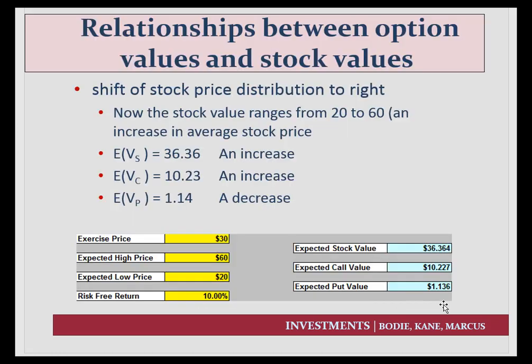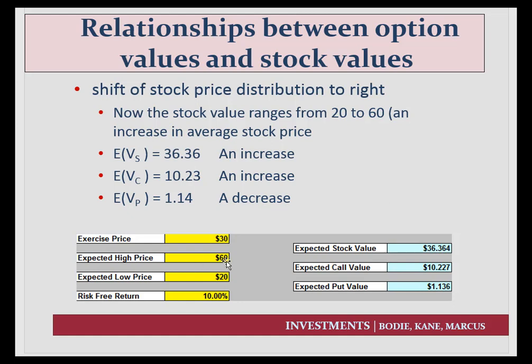So if we look at some relationships then, what happens if we shift the stock price to the right? That is, what if the stock price goes up? Now we're utilizing the uniform distribution option pricing worksheet. So now we just change the exercise price is 30.